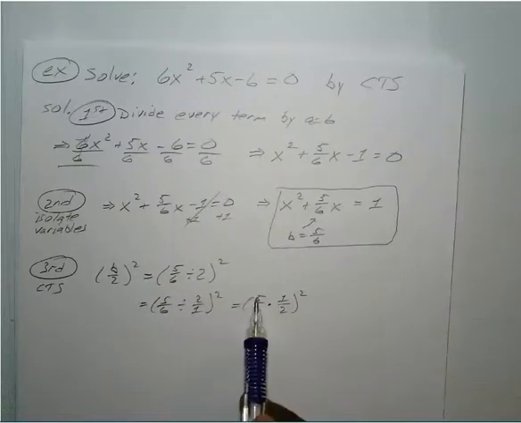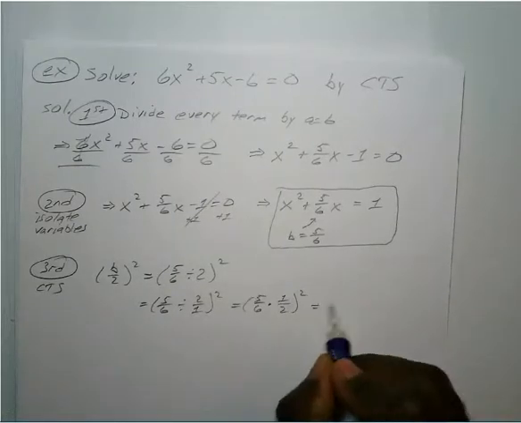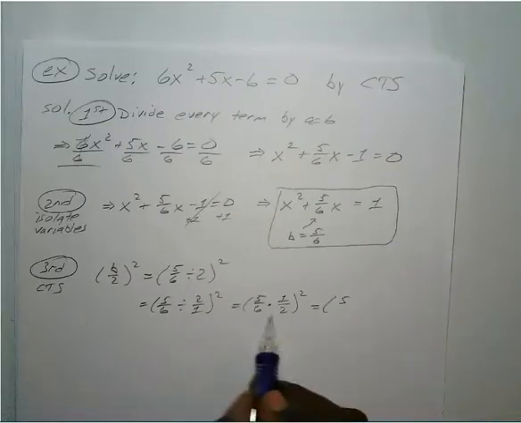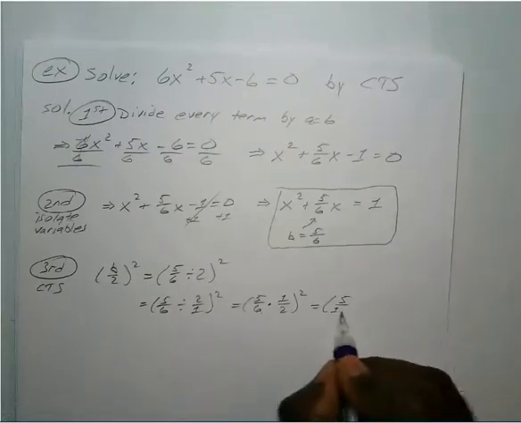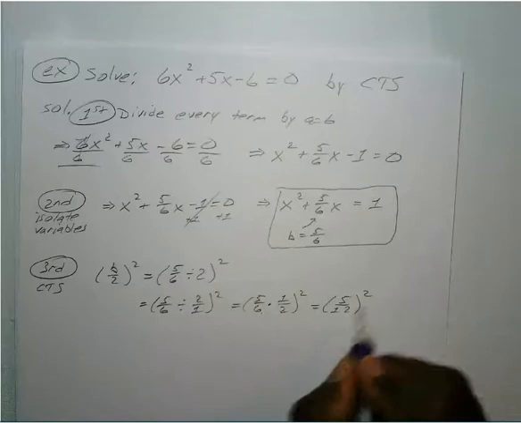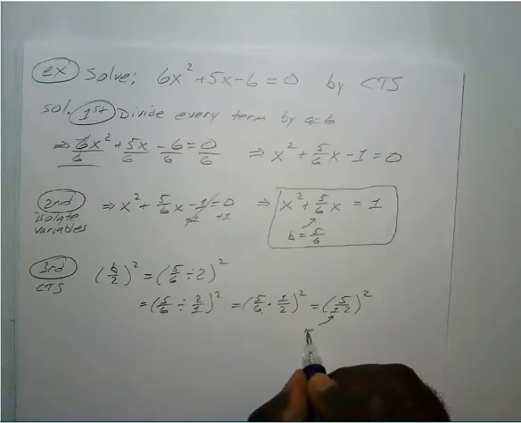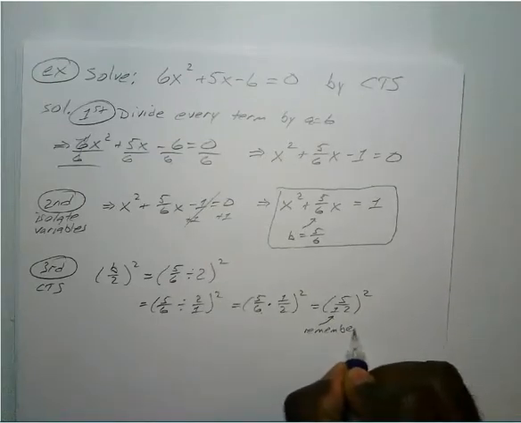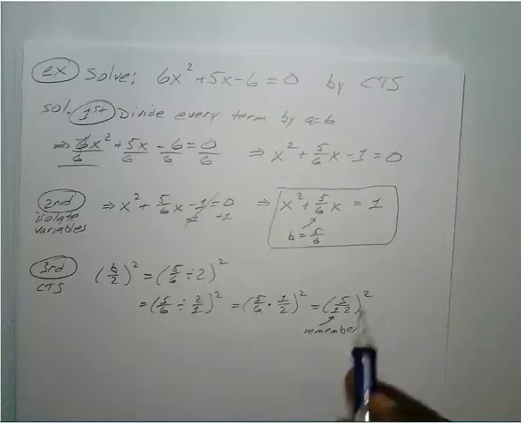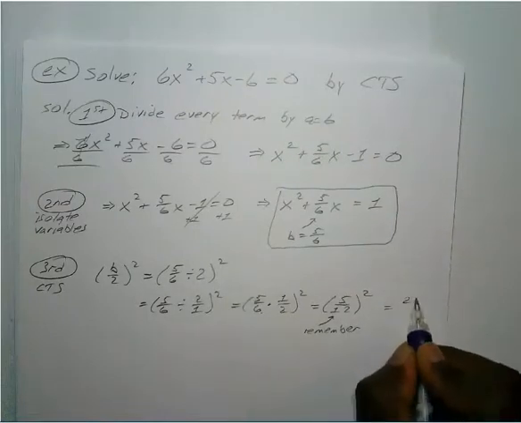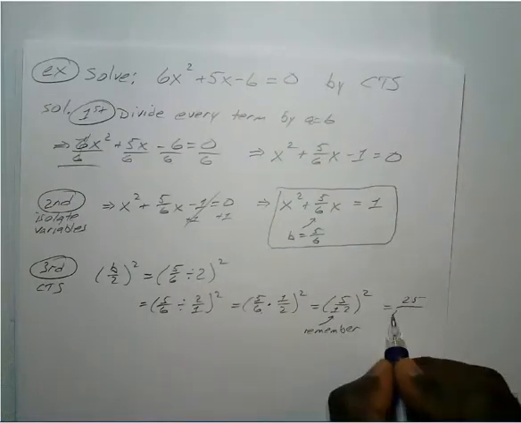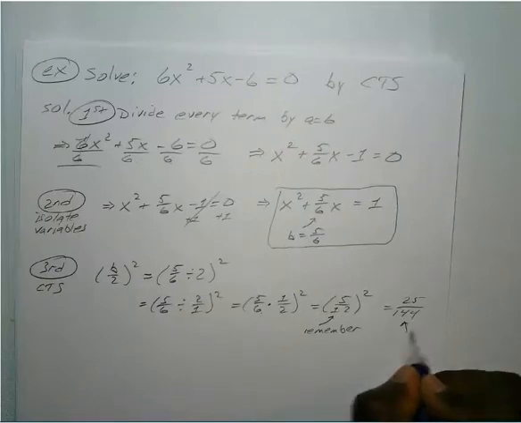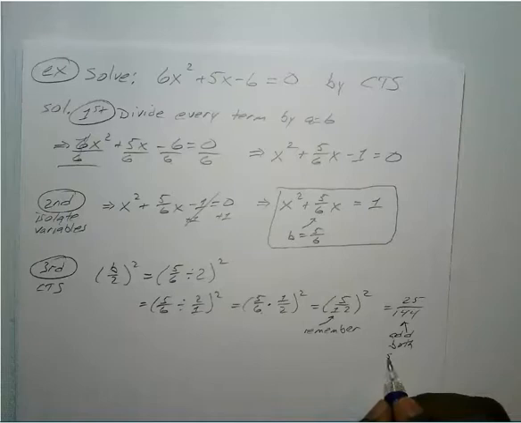Okay, so if we multiply, 5 times 1 is 5, and 6 times 2 is 12. So we have 5 over 12 squared, and of course we remember that value. So 5 squared is 25, and 12 squared is 144, and that's what we add to both sides.